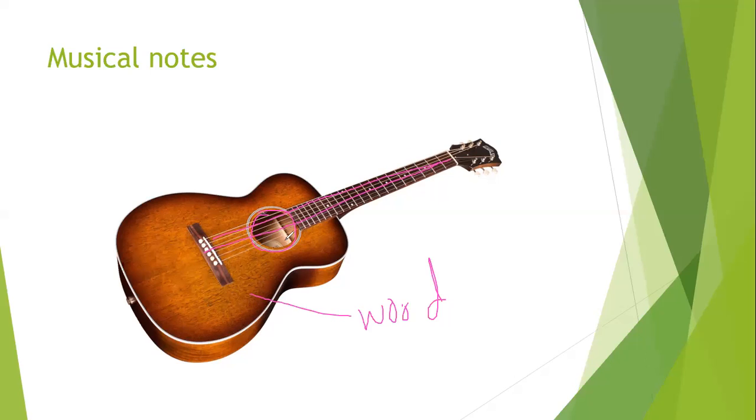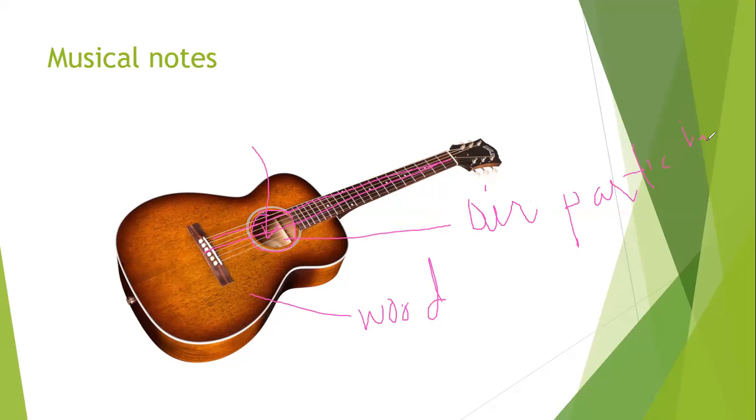As a result, the air particles present inside the sound box, which has some air particles because there is a hole, start vibrating at the same frequency as the string.